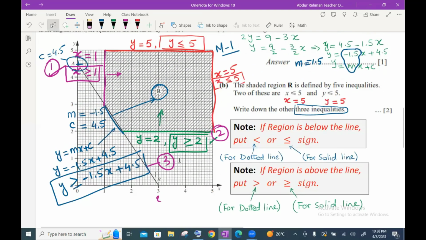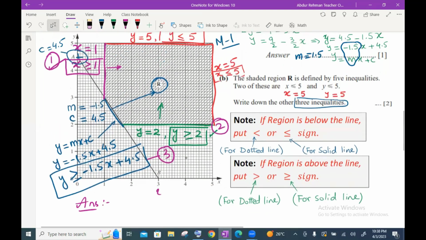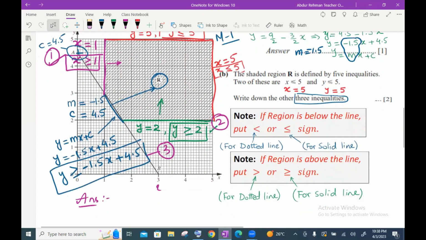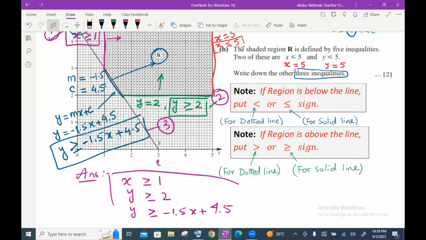So write down the answers: first, x is greater than or equal to 1; second, y is greater than or equal to 2; and the third is y is greater than or equal to minus 1.5x plus 4.5. This is our final answer.